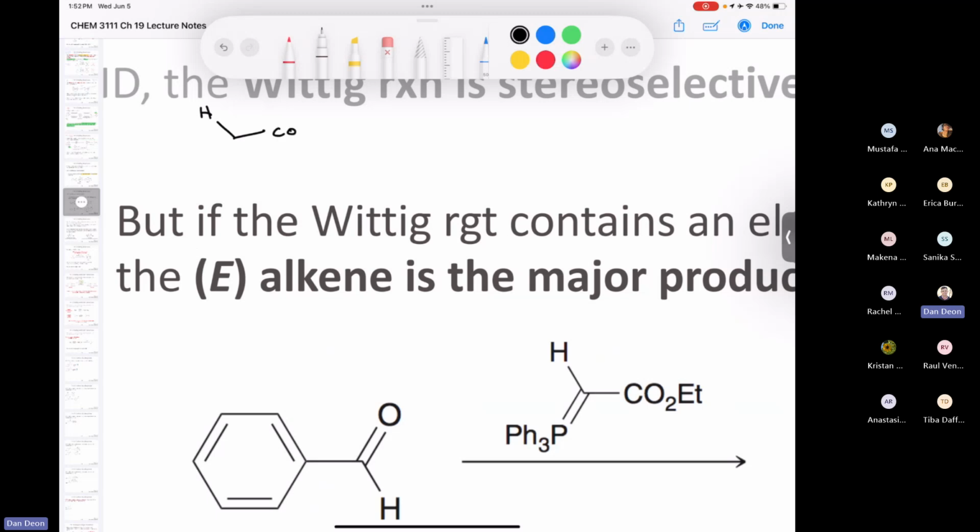So we have CO2Et, and then we have something that looks like that, and then we have the negative charge over here. Well, you can see that this is resonance stabilized because if I draw the ester group, it's going to look like this.